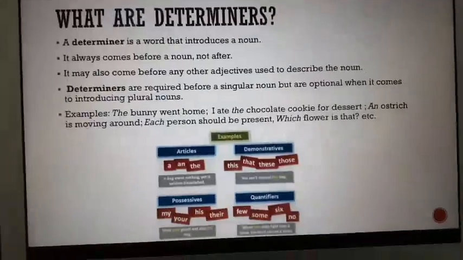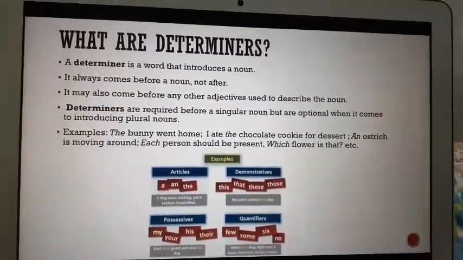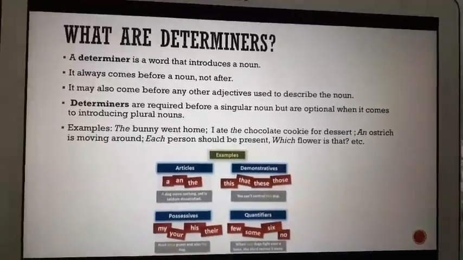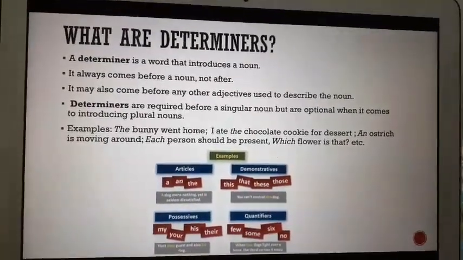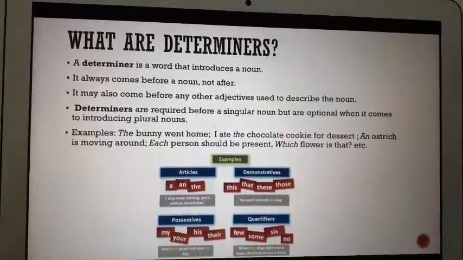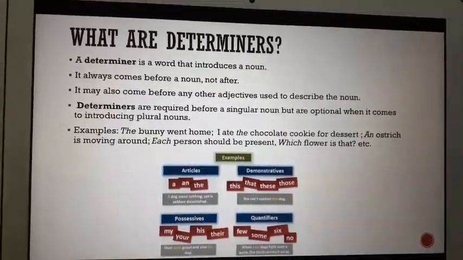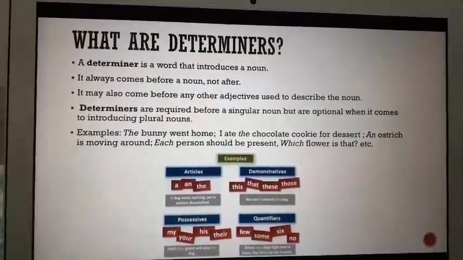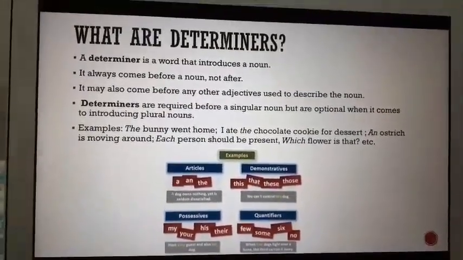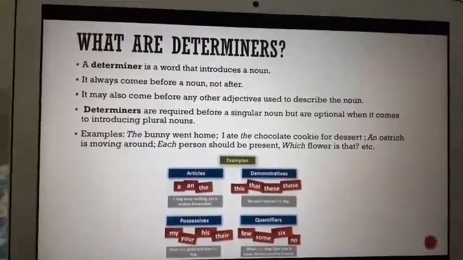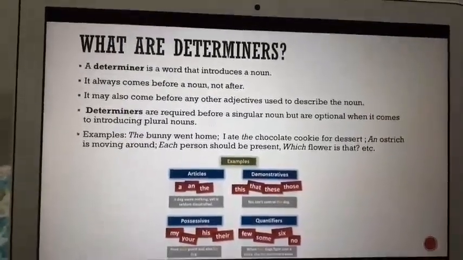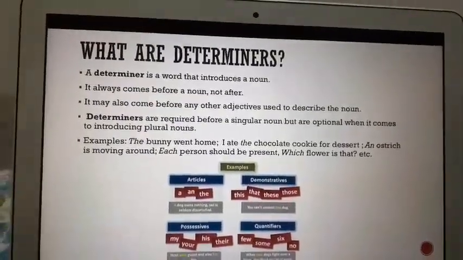So let's move on. What are determiners? A determiner is a word that introduces a noun. You know what a noun is, right? Any place, person, thing, or an idea. These are all nouns. So, a determiner is a word that is used before a noun to introduce it.